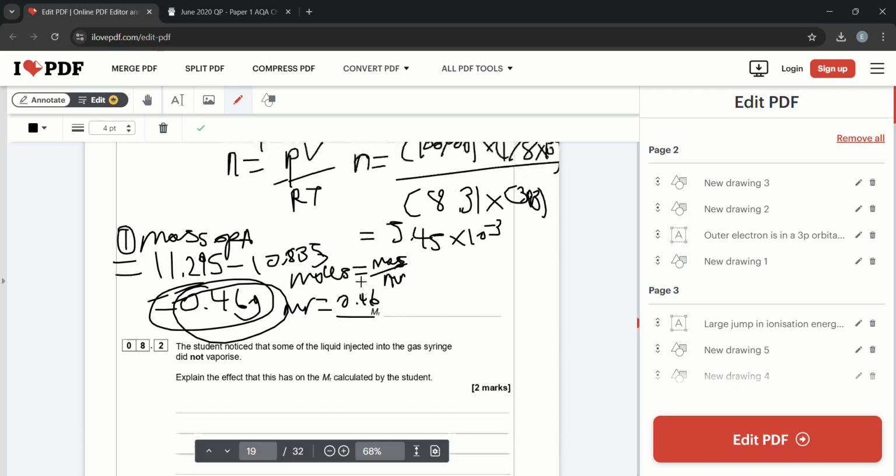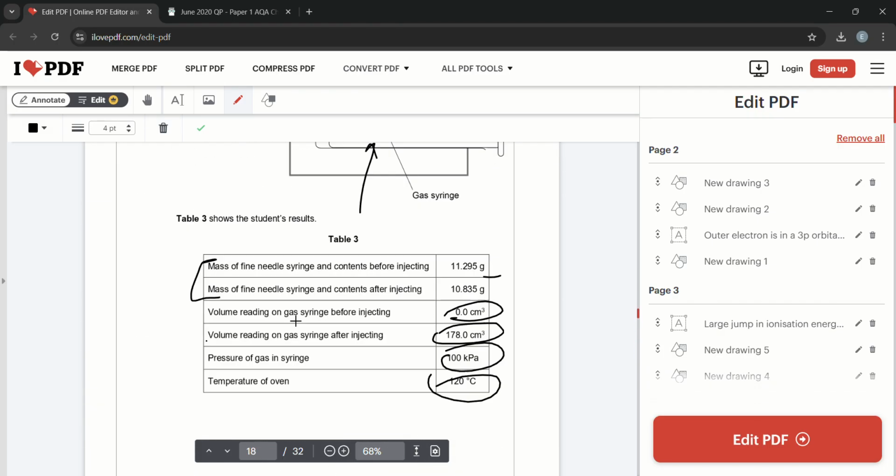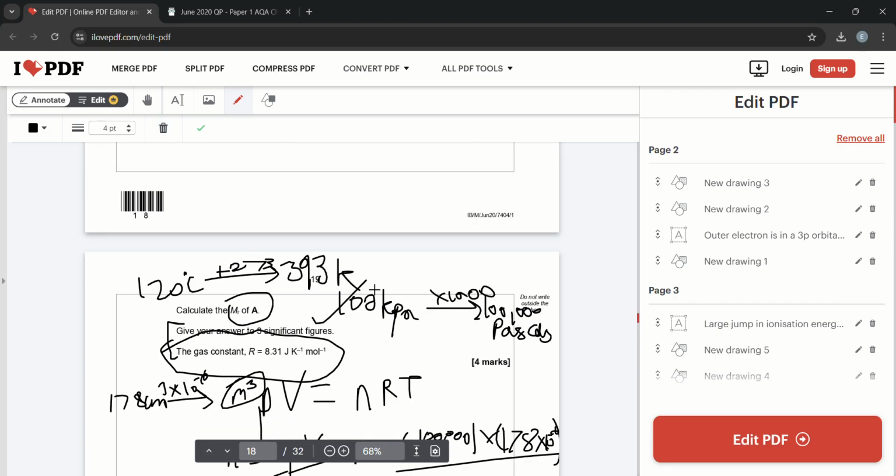Divided by the moles, 5.45 times 10 to the power minus 3. So 0.46 divided by 5.45 times 10 to the power minus 3 gives me 84.4. The answer must be 3 significant figures, like it said.